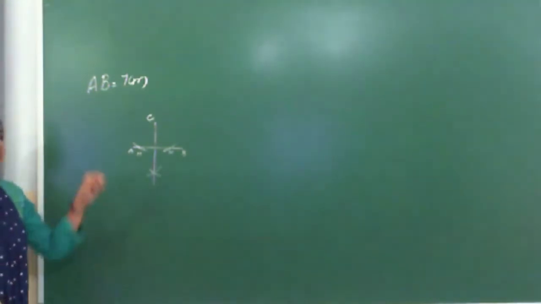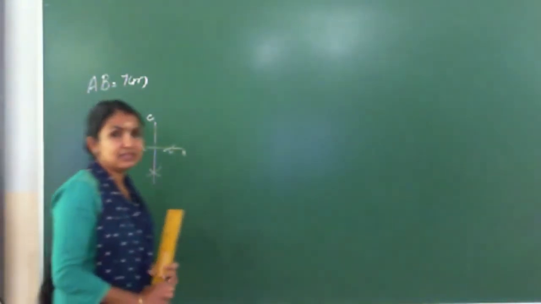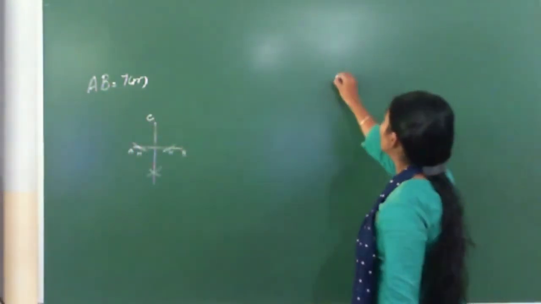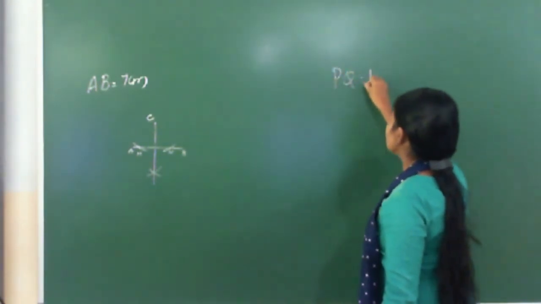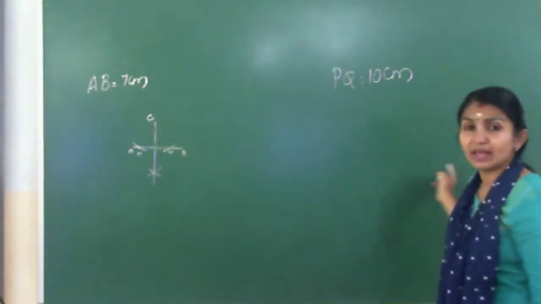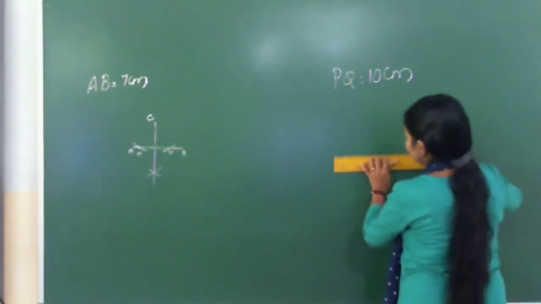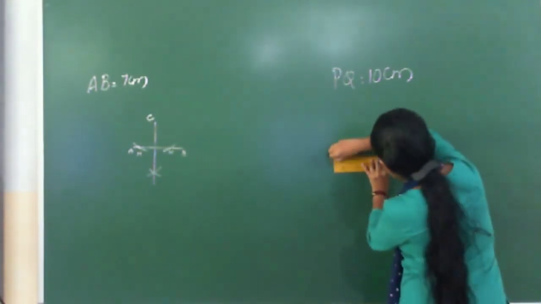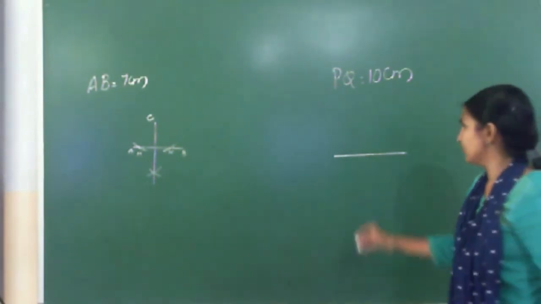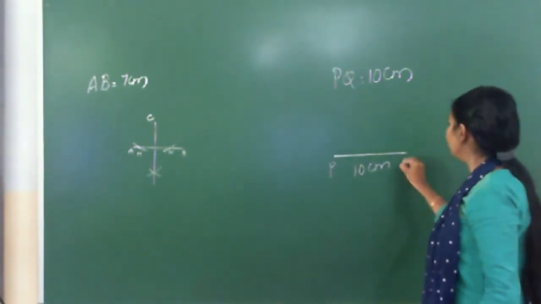Now, the next one is how we can draw a perpendicular on a line. The point lies on this line, which means first we are going to construct a line segment of 10 centimeter. After that, on the same line we are going to mark one point. Name it as PQ.